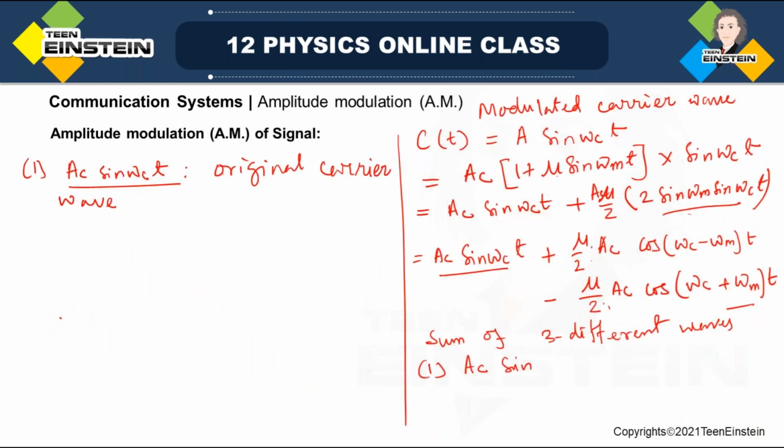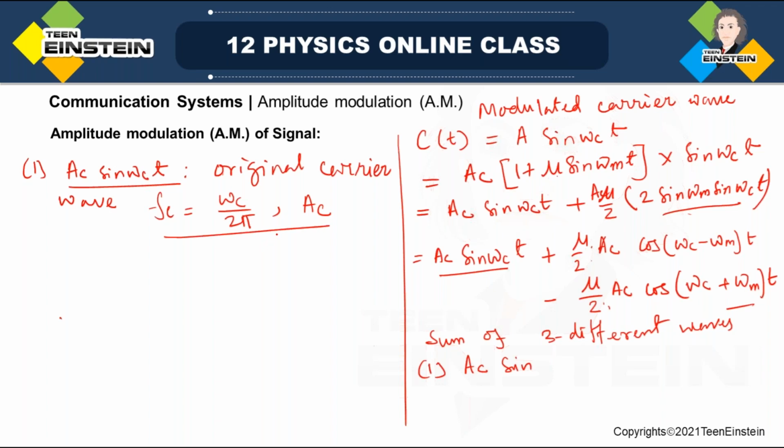It has the frequency of the original wave, as you know, the frequency fc is equal to omega c by 2 pi, right? And amplitude AC. So these are two characterizing factors.